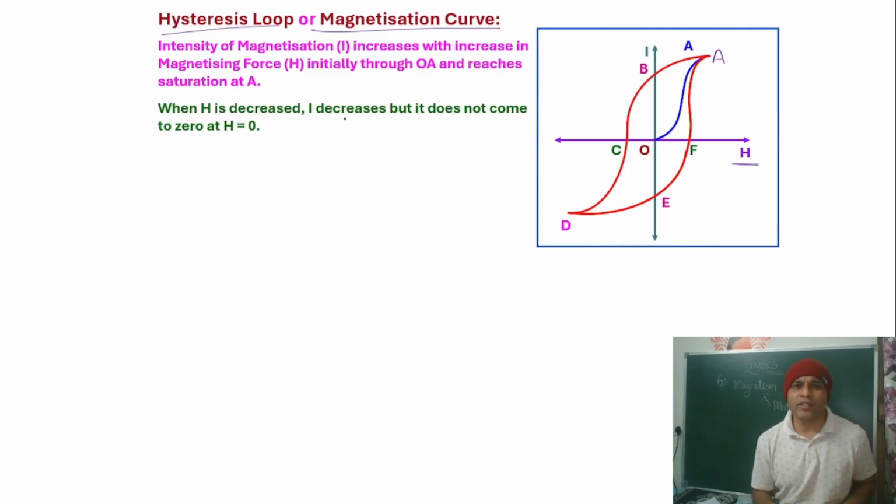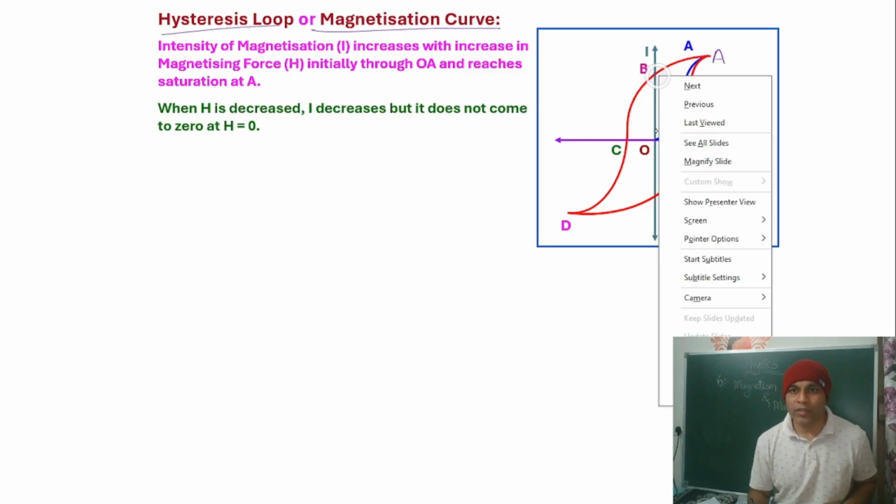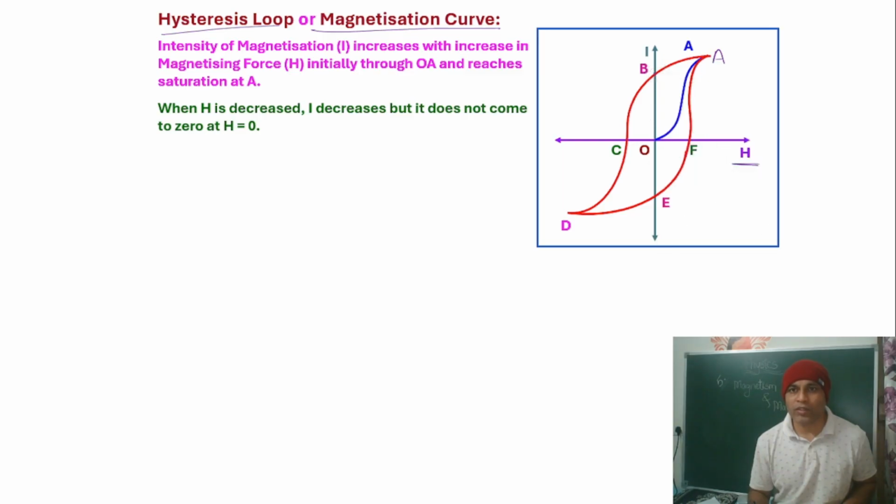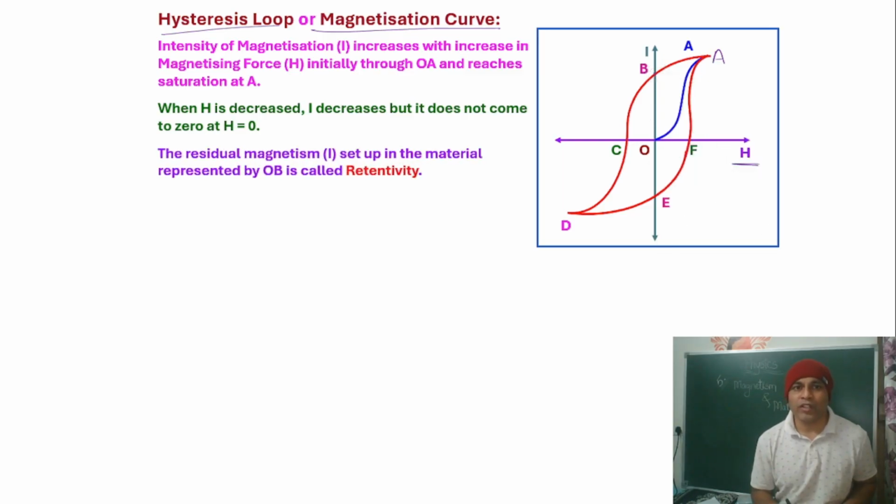When H is decreased, I decreases, but it does not come to 0 when H is equal to 0. At this point H becomes 0, but I is not 0. The residual magnetism I set up in the material, represented by OB, is called retentivity.